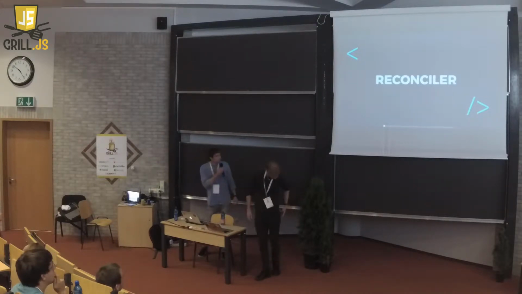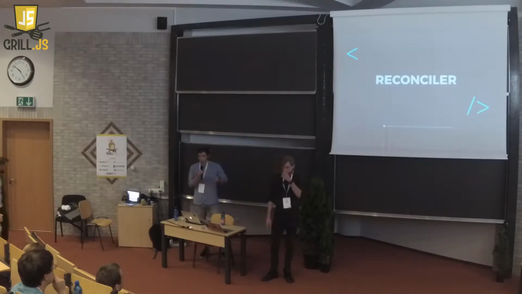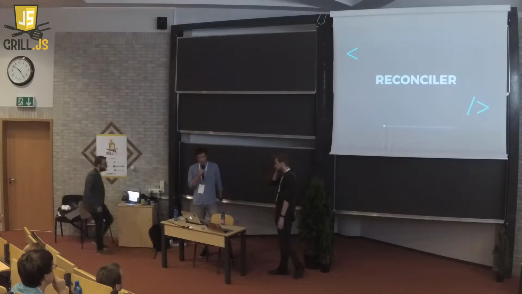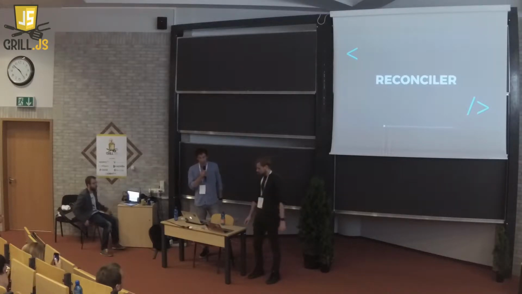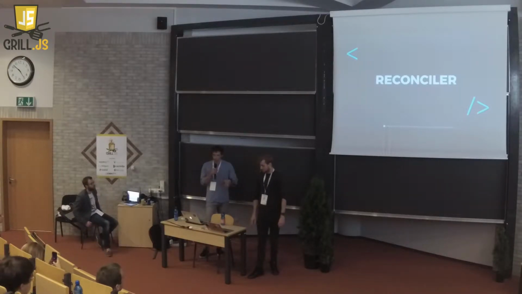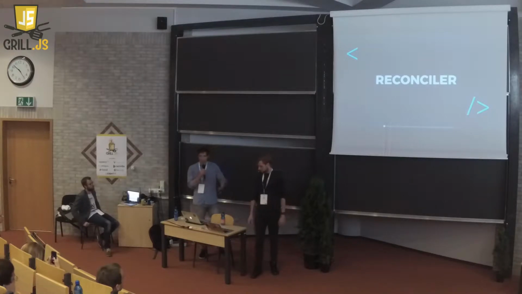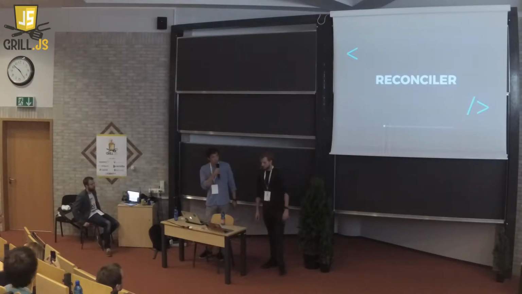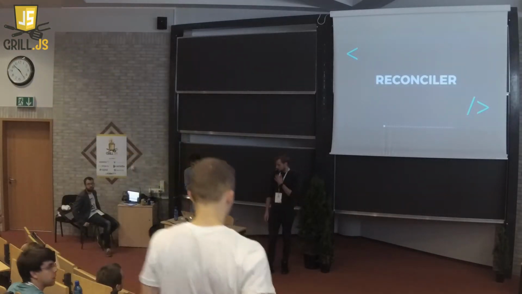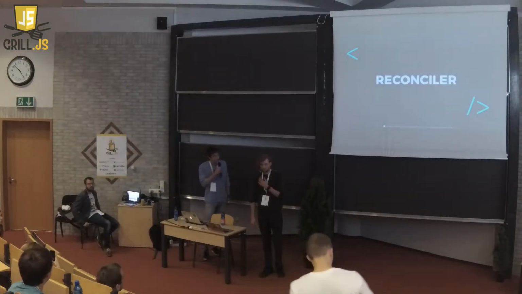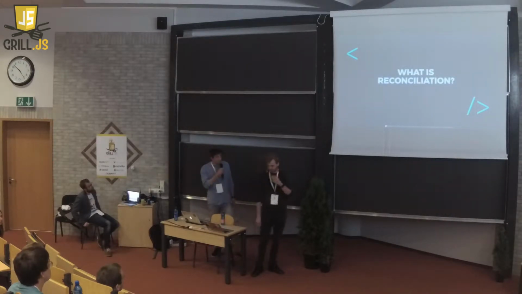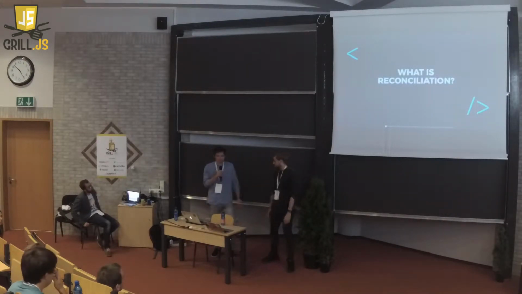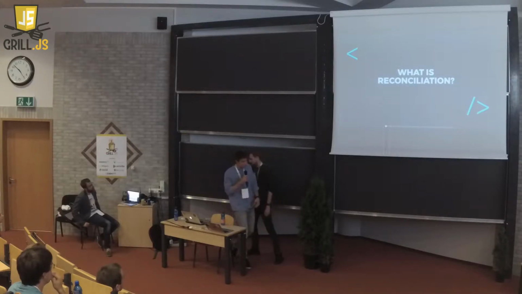Yeah. Okay. So we split our presentation into two main parts. The first part will be about the reconciler, about the current architecture of React, and about the upcoming feature of React, which is Fiber. And yeah, let's start with the most important question: what the reconciler really is.